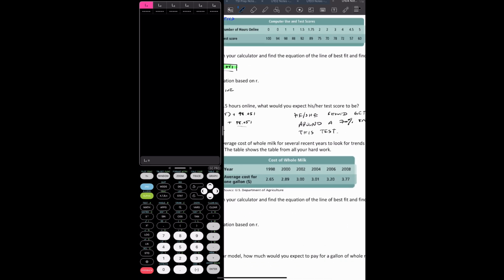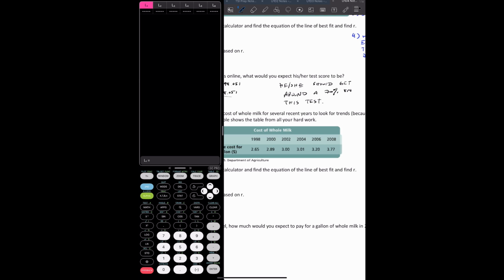So we have the years, and then we need to make sure that we scroll down once so we can input stuff for L1. So I can go ahead and press 1998, 2000, 2002, 2004, 2006, 2008.